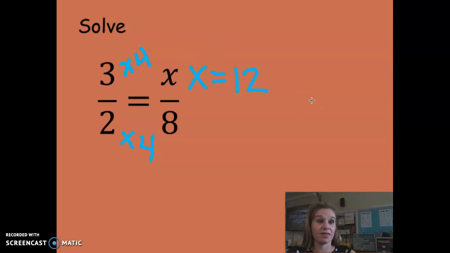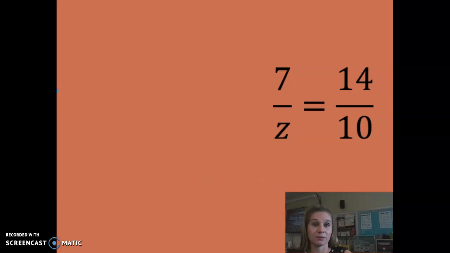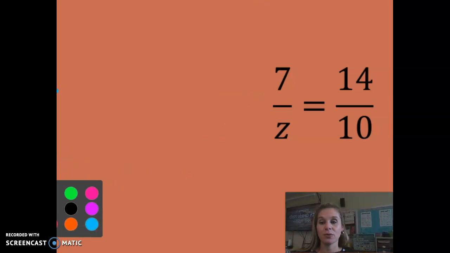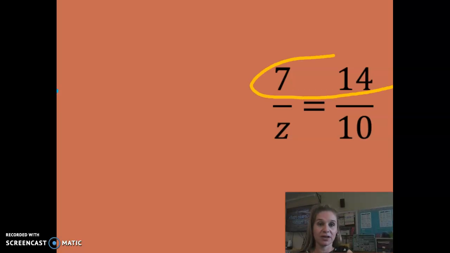So let's try the other example that's right next to this one. This one says 7 over z is equal to 14 over n. So same as before, we want to first look and see which one of these straight across has both numbers. So if we look here, 7 and 14, those are both numbers.